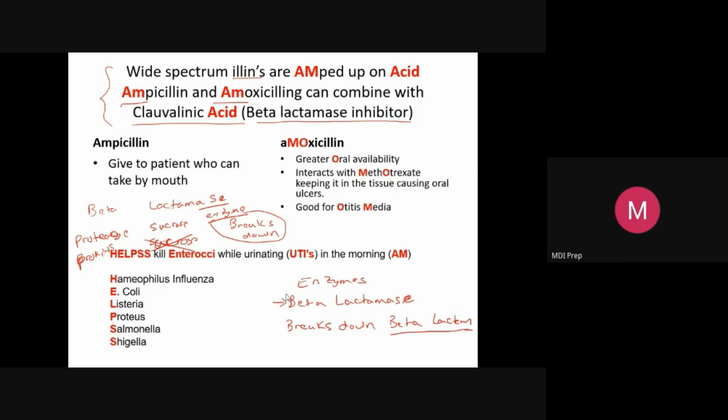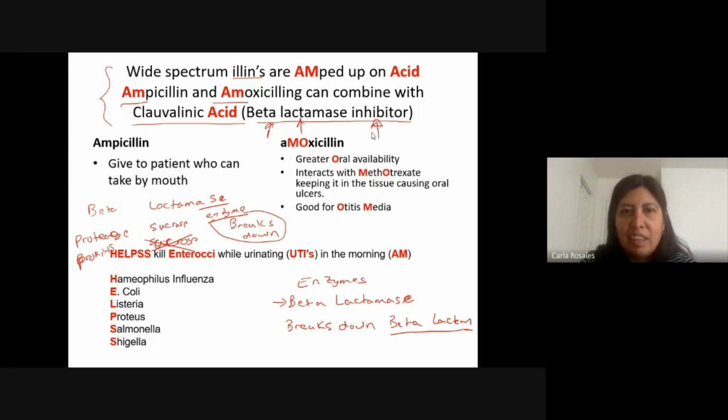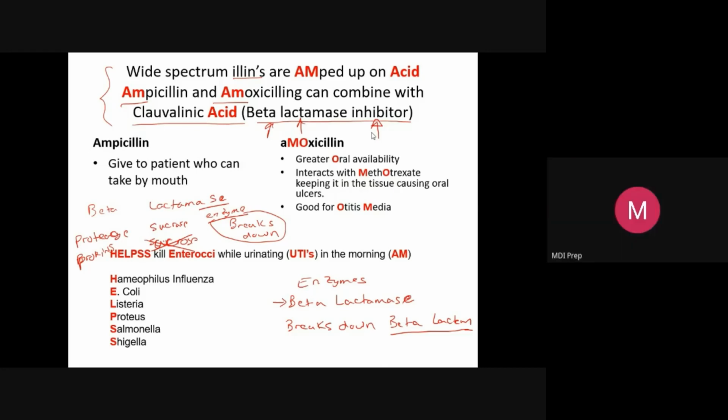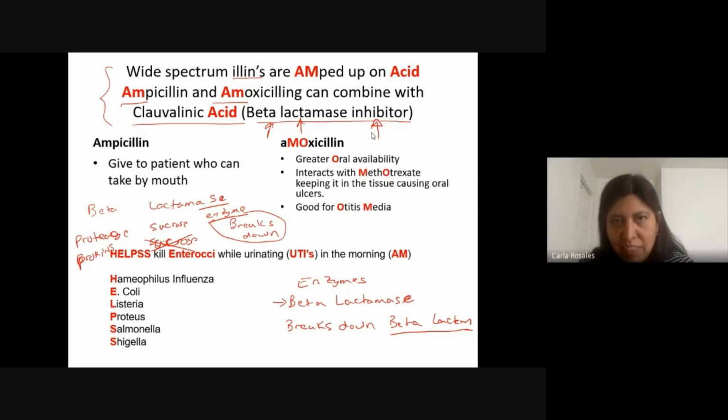Do you want to break the penicillin? No. Good. So what is a beta-lactamase inhibitor? It's something that prevents the breaking of the structure of the penicillin.